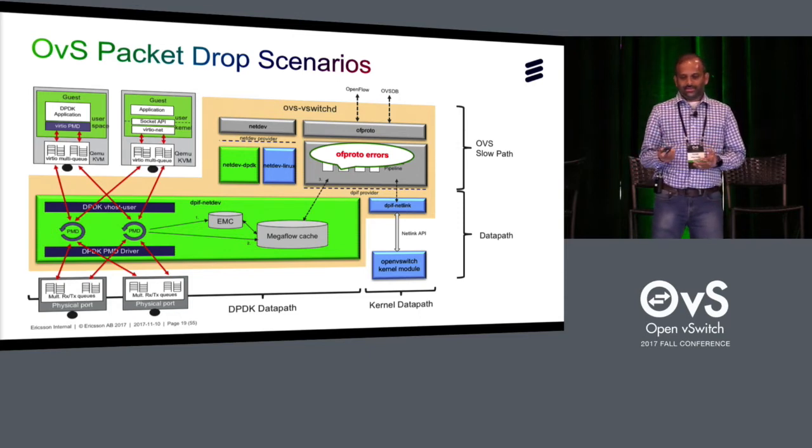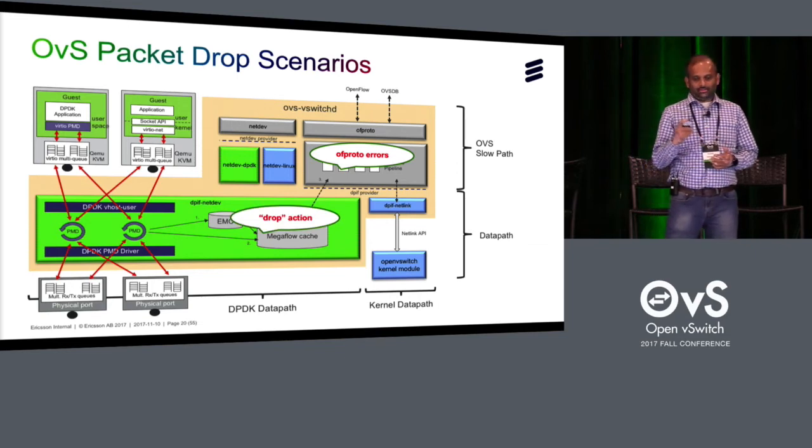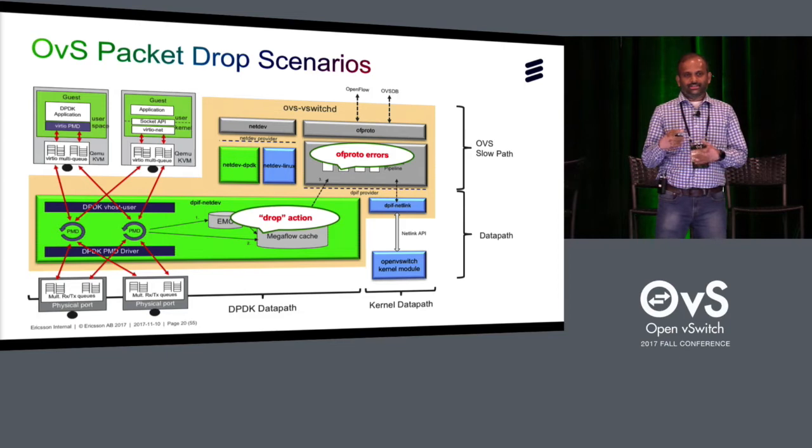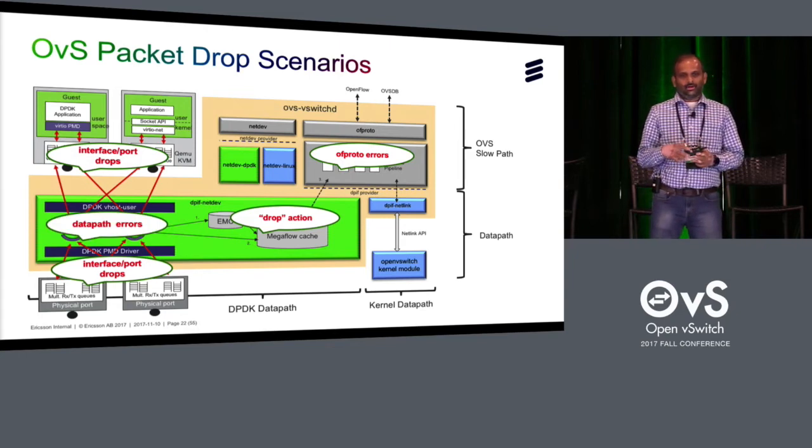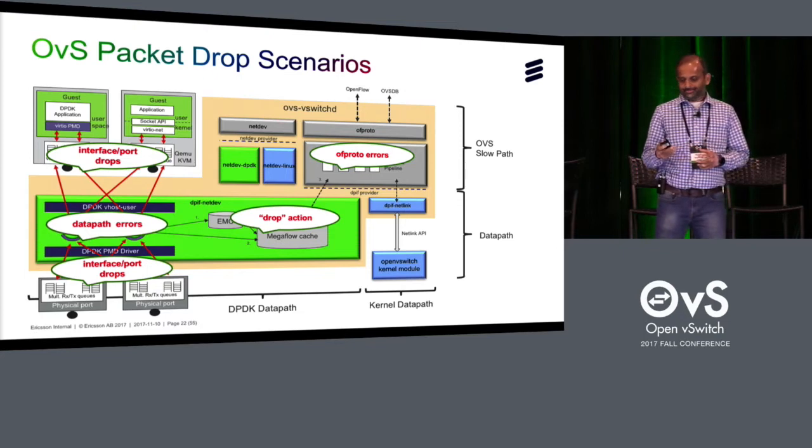This generally manifests as a drop action to be executed in the data path. A drop action is also executed because of an explicit drop action configured as part of the OpenFlow pipeline. Also, we have drops happening at the interface level, and any errors or exceptions during the data path processing also result in packet drops.